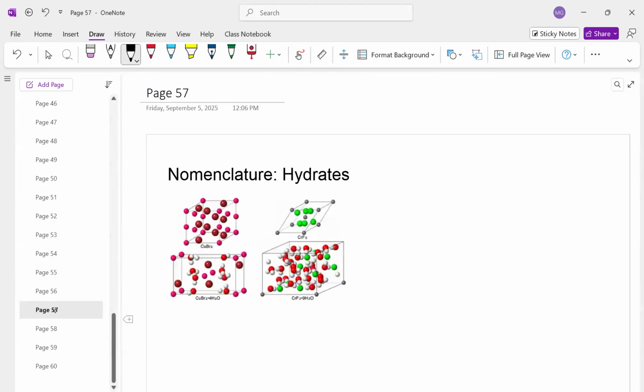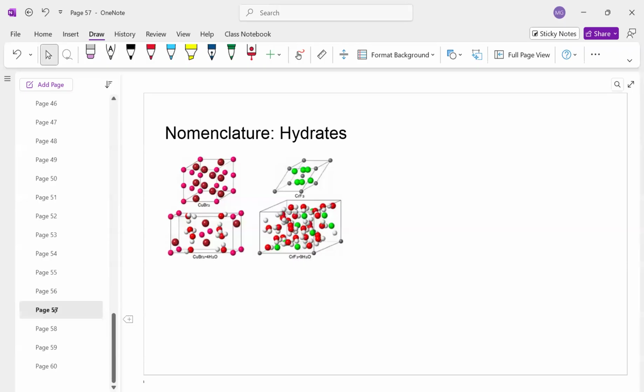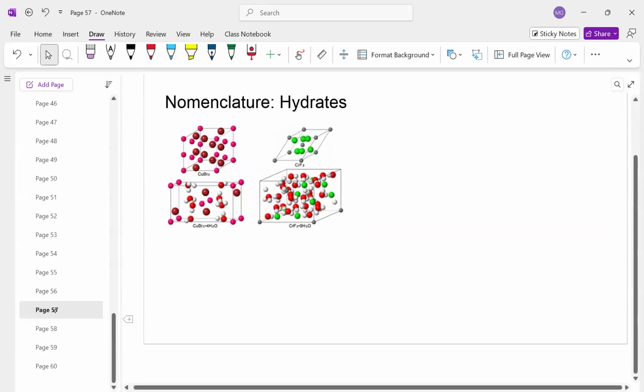And one little thing to add to this is how do we handle hydrates? Now we did a lab on this, and so you got a little bit of experience. You kind of saw maybe tangentially how they were named. But just to recap what we talked about in lab, hydrates are ionic compounds.